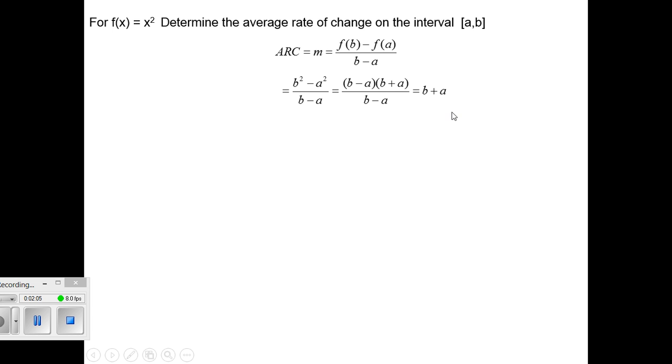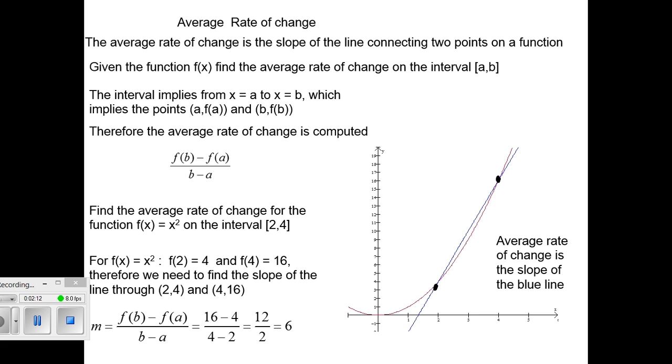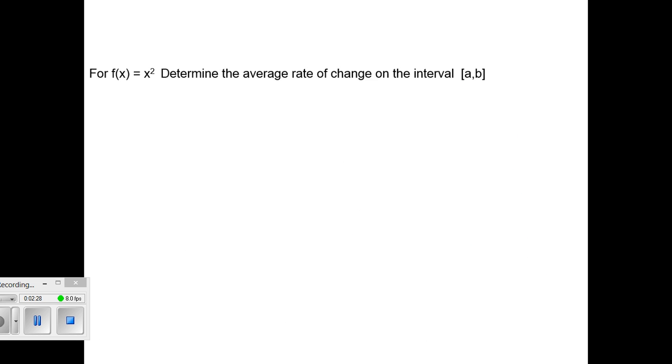Now, you might recall that we did this. I'm going to go back a little bit. Just bear with me. We did this average rate of change on a particular interval, 2 to 4, and that proved to be 6. So let's move ahead now back to where we were.